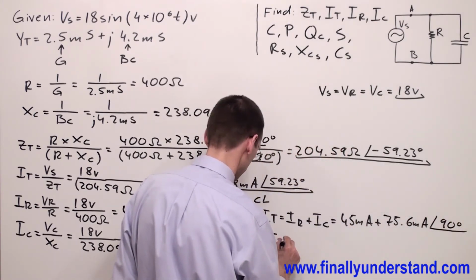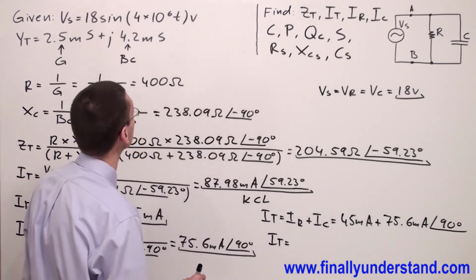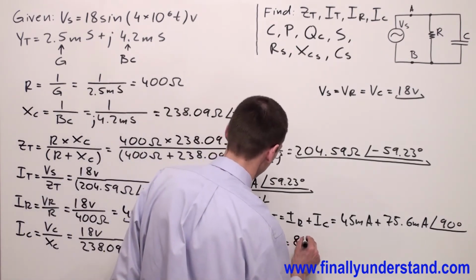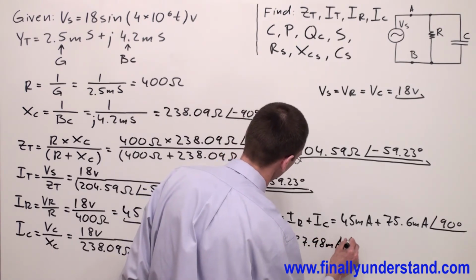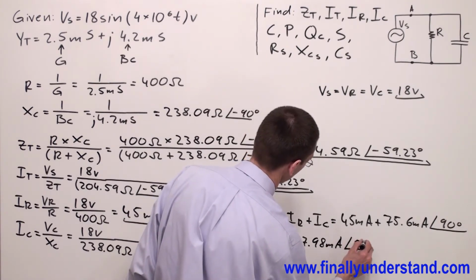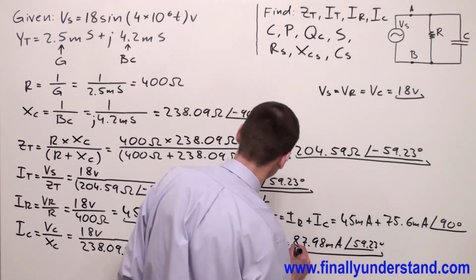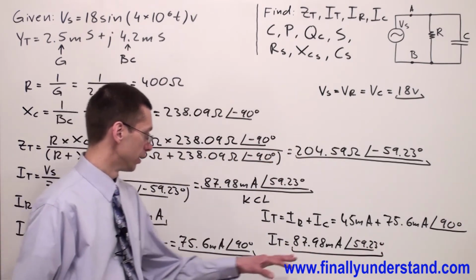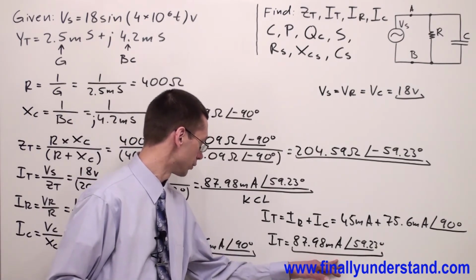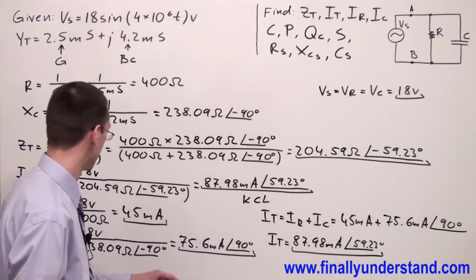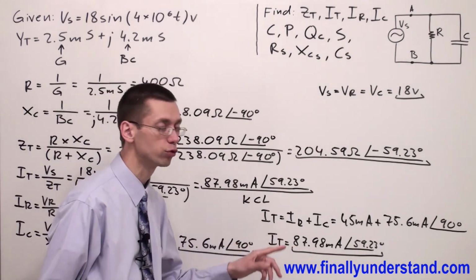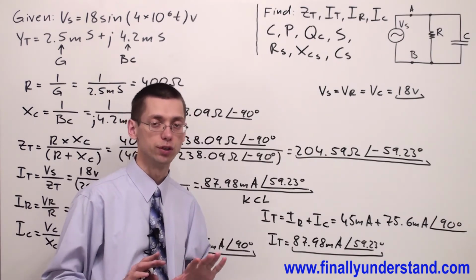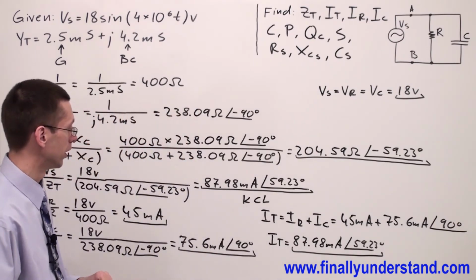So I total is equal to 87.98 milliamps and angle of 59.23 degrees. Next, you're supposed to compare this value and this one. If both of them are the same or close to each other, it means that up to this moment our calculations are fine.